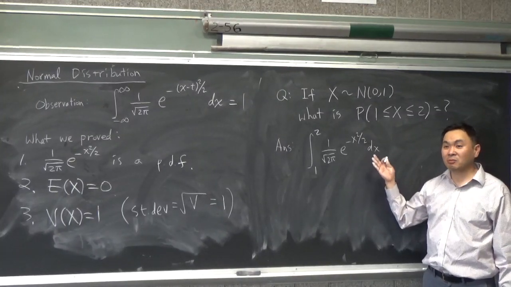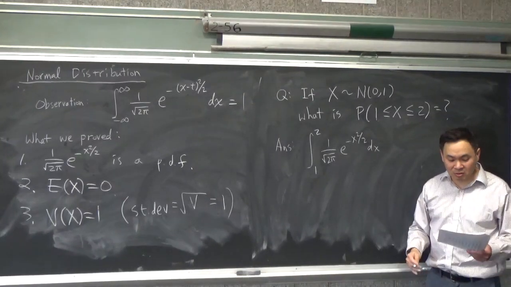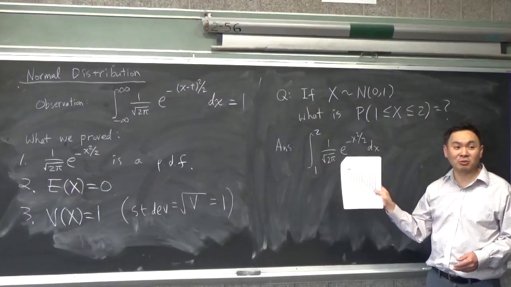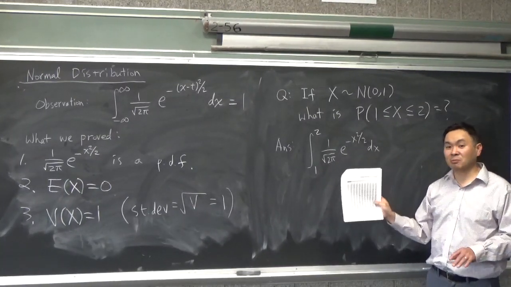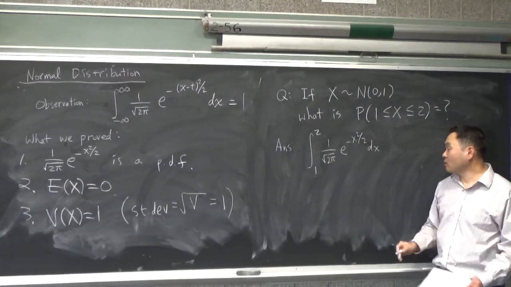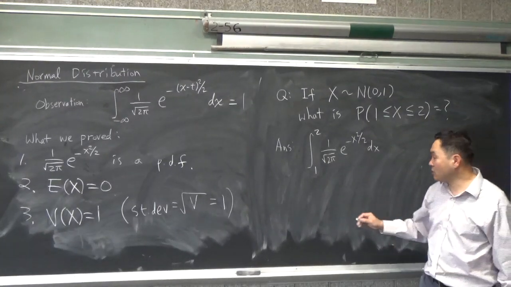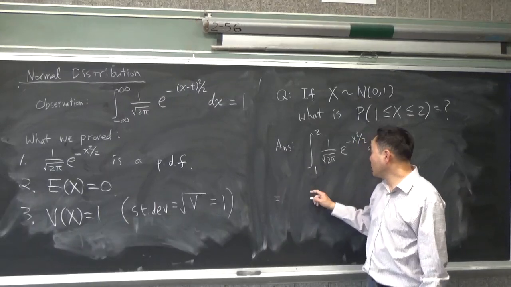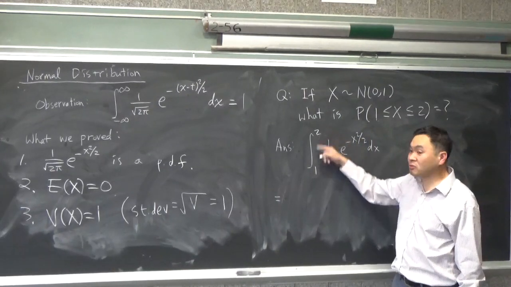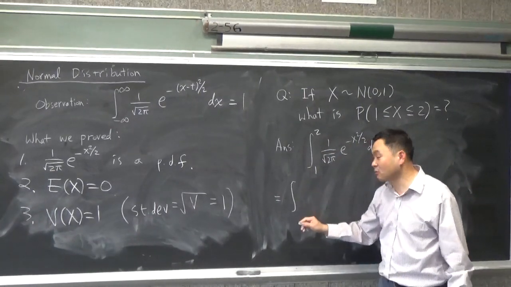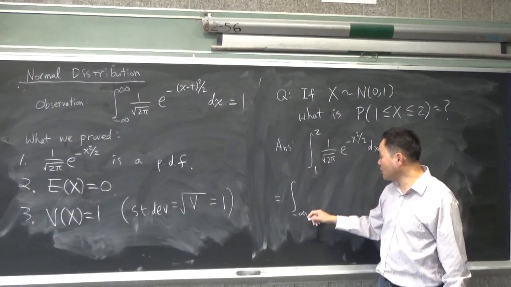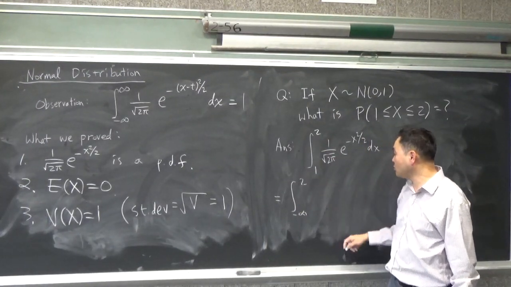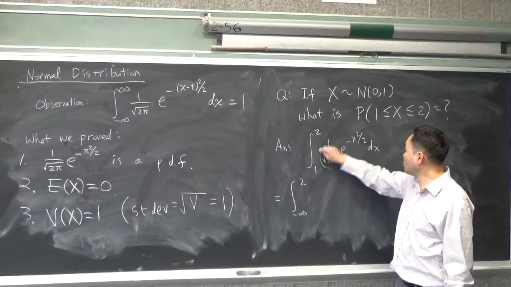So what was our mathematicians' solution? The solution was to come up with a table. People would do the numerical calculations and make a table of values. So the way you're going to use this table is like the following. The table doesn't have two limits. Instead, it has the integral from negative infinity. So this here is the same thing as integration from negative infinity to 2. Let's just call this f.